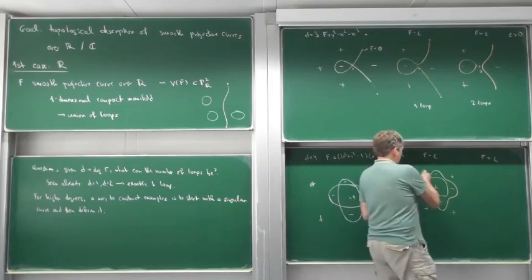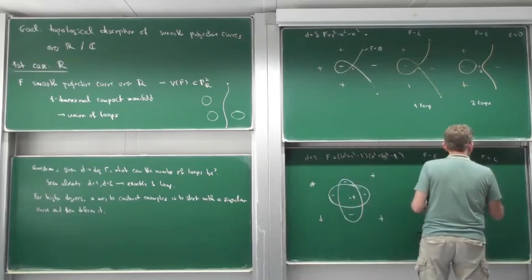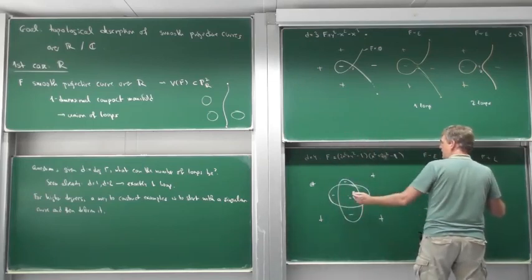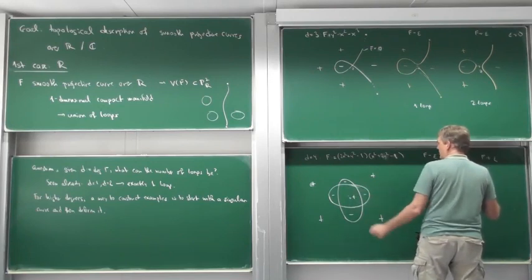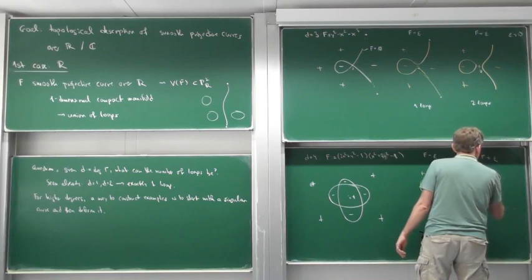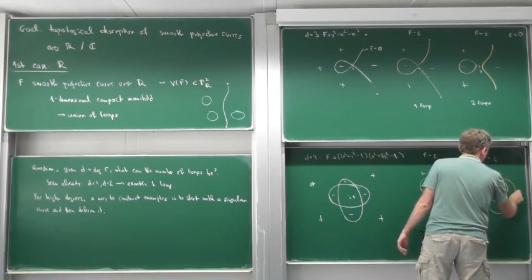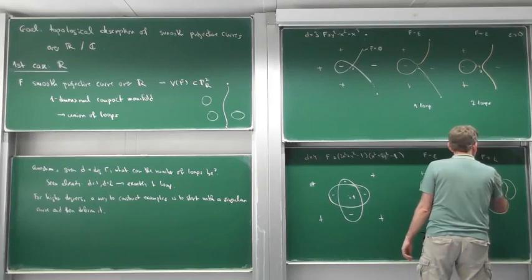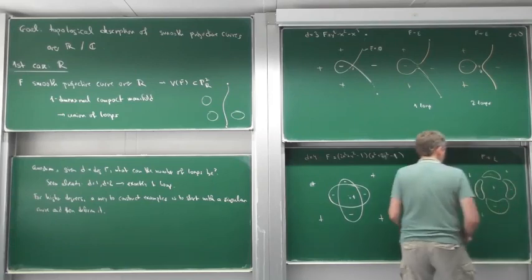And the same way as before, the curves will be resolved the other way. If you do an f plus epsilon, then this will move into the positive region. And then it looks like this. Again, here you have a minus, and here there's a plus, and here there's a plus outside.